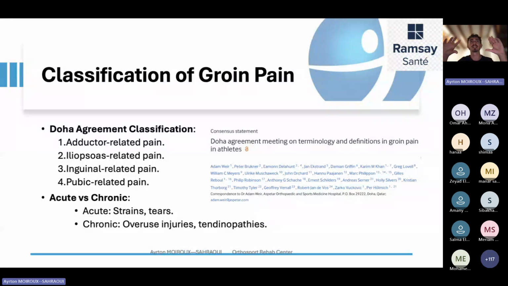If the pelvis is in anterior tilt, that's where you could have some tension, maybe in the inguinal related pain, or if it's in retroversion, maybe there's more tension in the iliopsoas. So the position of the pelvis has a big impact on groin pain, but also on many other injuries, like hamstring injuries.